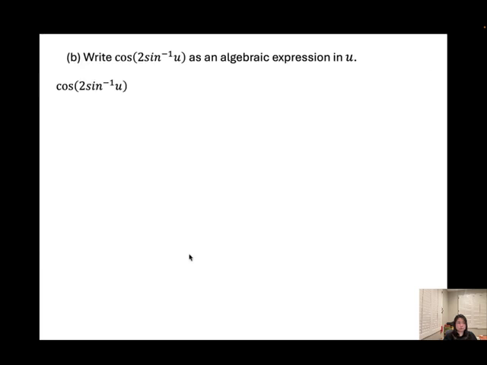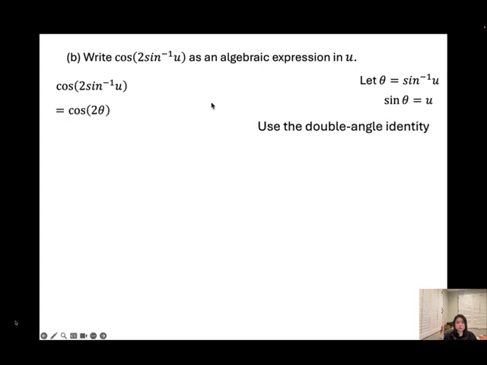Okay, B. Same thing, we're gonna let theta equal to sine inverse u. So sine theta will be equal to u here. We plug it in, so we have a cosine 2 theta. And then we can use the double angle identity. Do you guys remember that you do have 3 equations for the double angle identity when you have a cosine 2 theta?